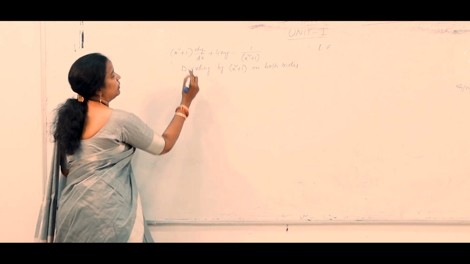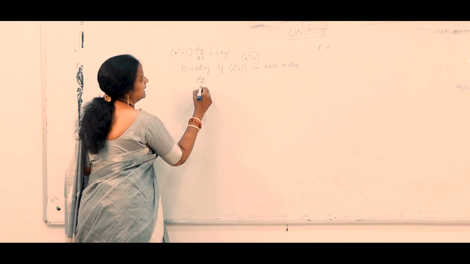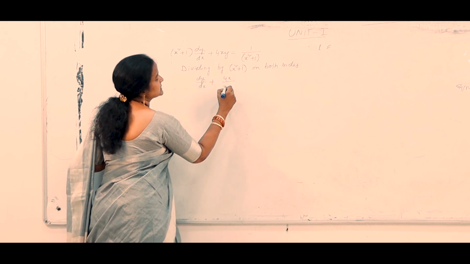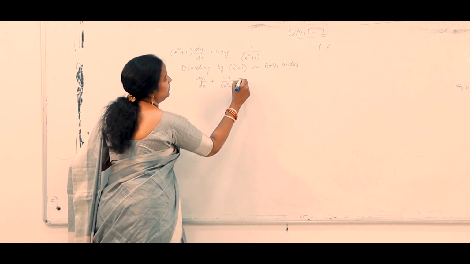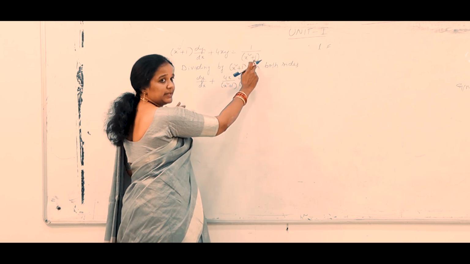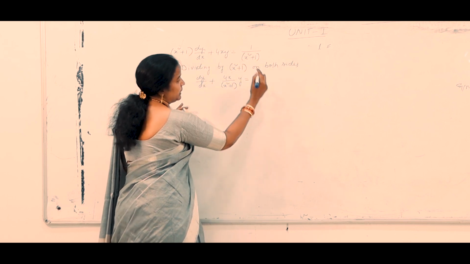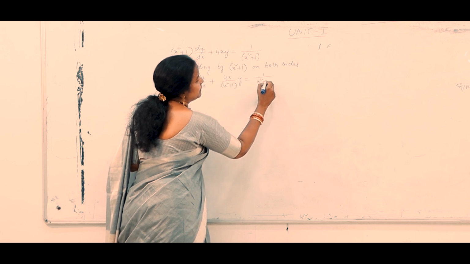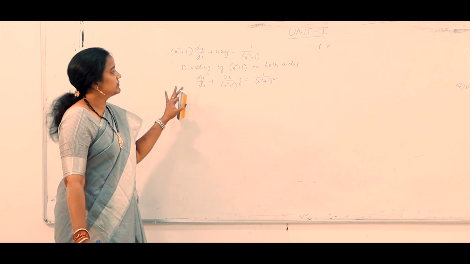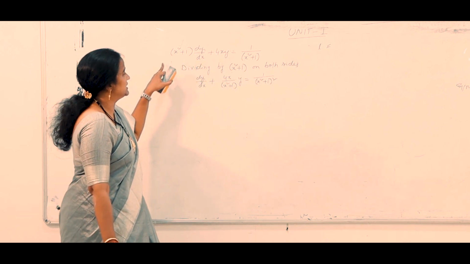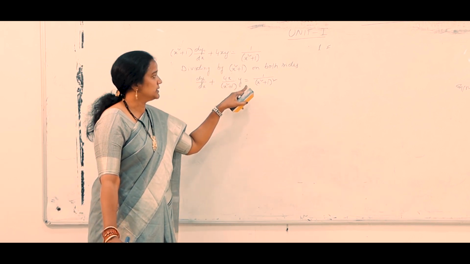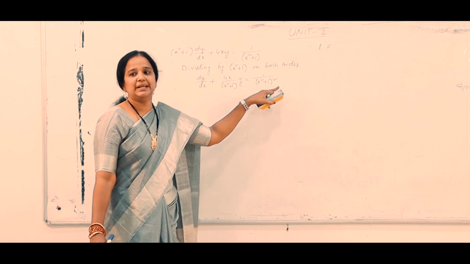So we have dy by dx plus 4x by x square plus 1 into y. Here, dividing by x square plus 1 again gives x square plus 1 whole square. After dividing, the equation will be dy by dx plus 4x by x square plus 1 into y is equal to 1 by x square plus 1.